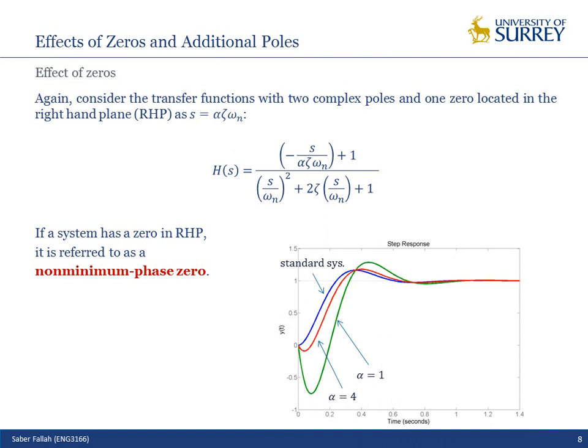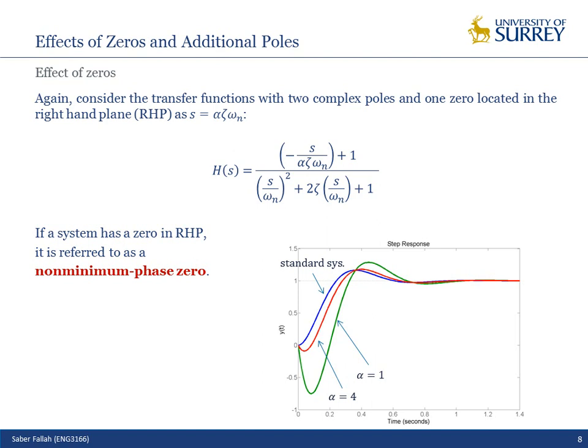By increasing alpha, a non-minimum phase zero, the shape of the response will change and it starts or initiates in the wrong direction. Instead of having overshoot, I have undershoot. Okay?